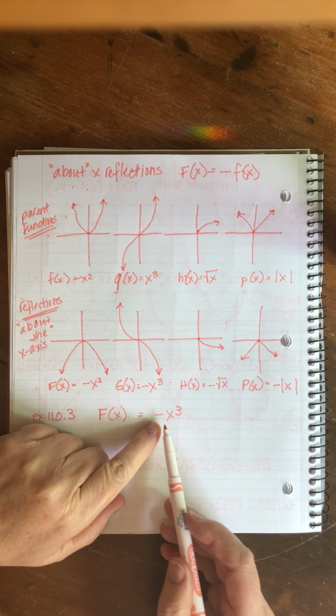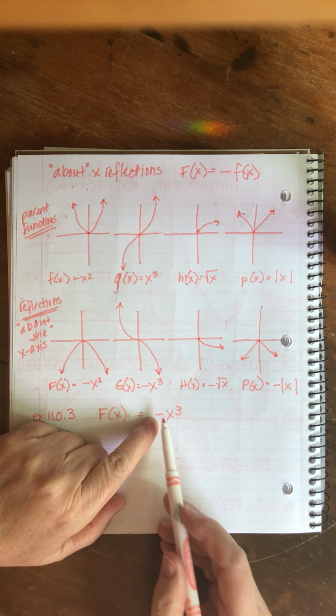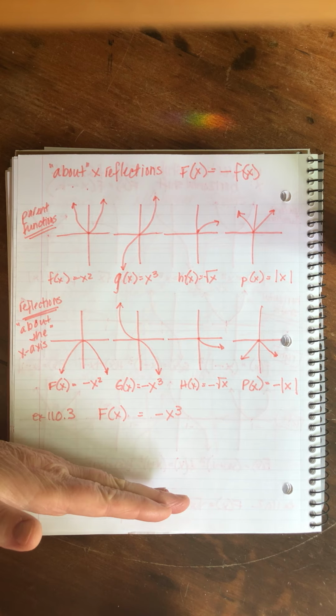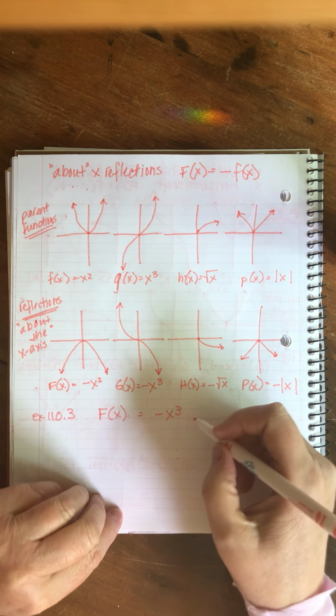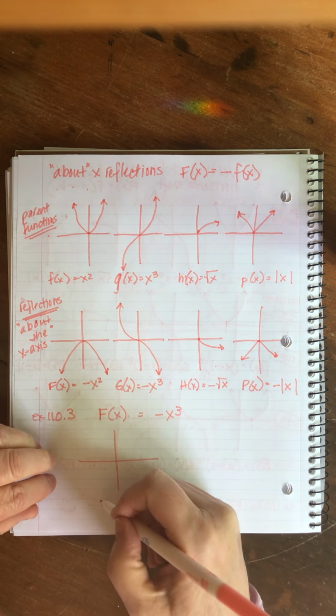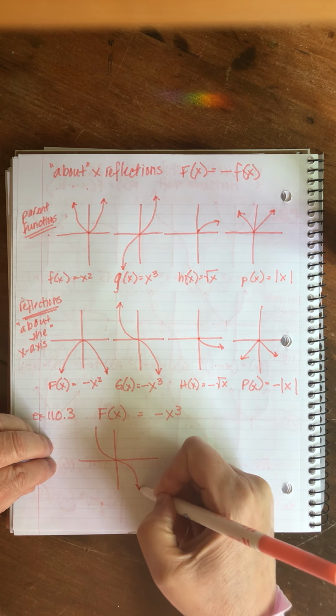Okay, so we know by this minus sign that this must be a reflection about the x-axis. So we know that it's like putting a mirror in and flipping it down. It's the cubic function. So normally that goes like this, so it goes like this, right? It goes the opposite.